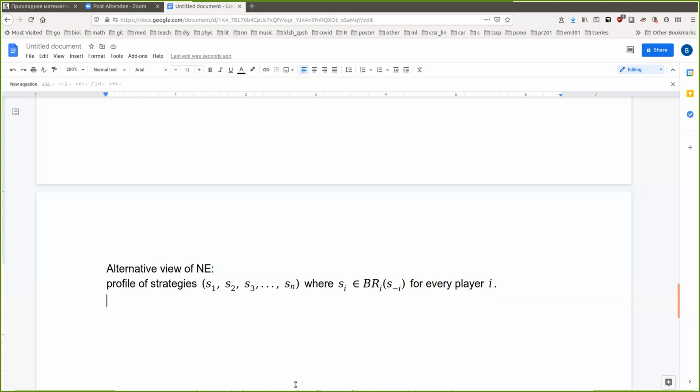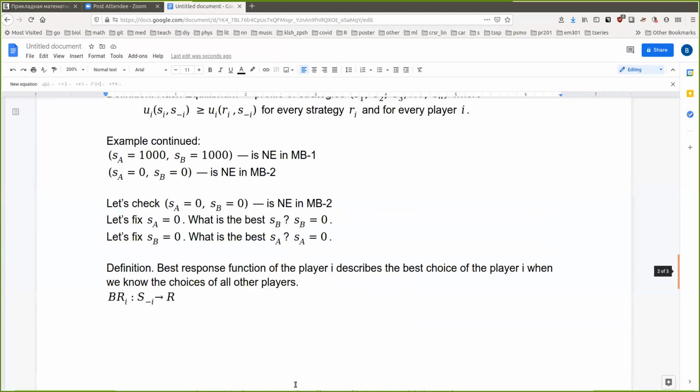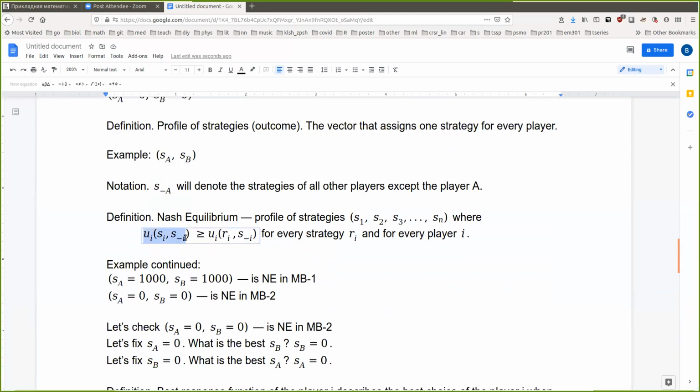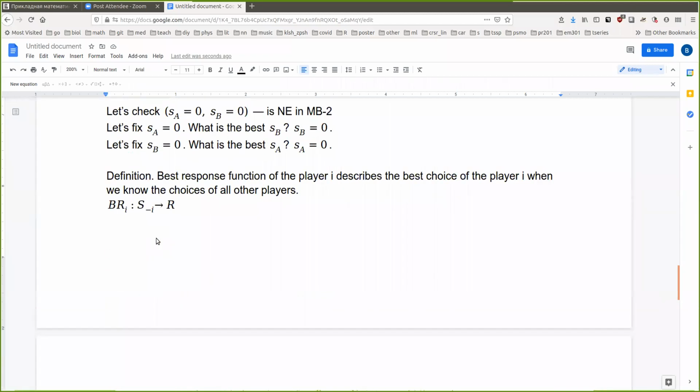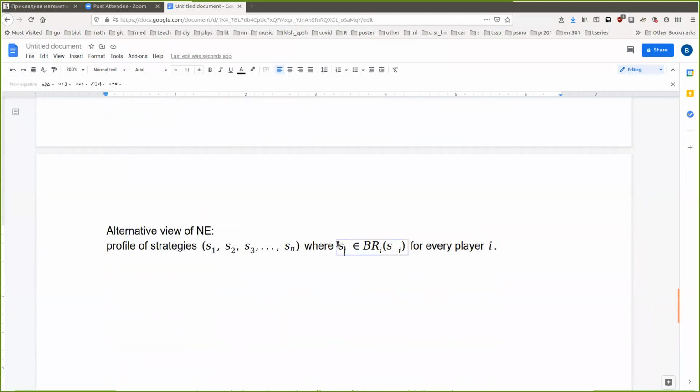That's basically the same thing, because with my current choice S_I, I receive not less than with any other choice R_I. This says that my choice S_I is the best I can do given fixed strategies S2, S3, S4, and so on up to Sn, if I'm player number one.